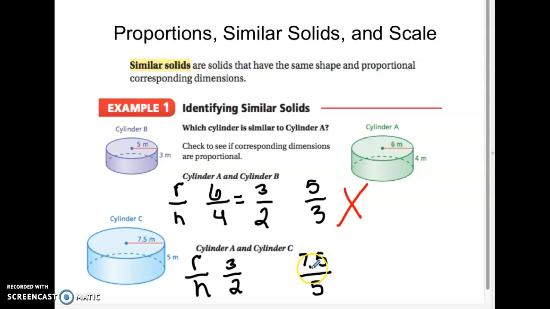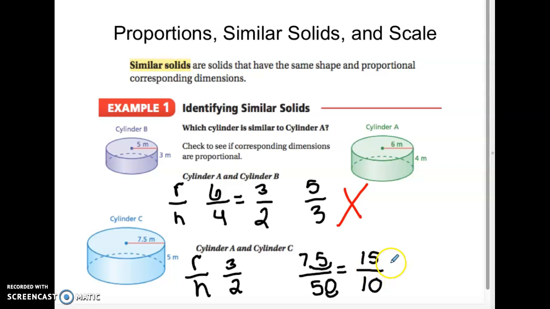Just to make this easier here, let's move this decimal over. We have to move the decimal point over here as well if we do it in the numerator. So now we have 75 over 50. Both of these can be divided by 5. So 75 divided by 5 is 15. 50 divided by 5 is 10.